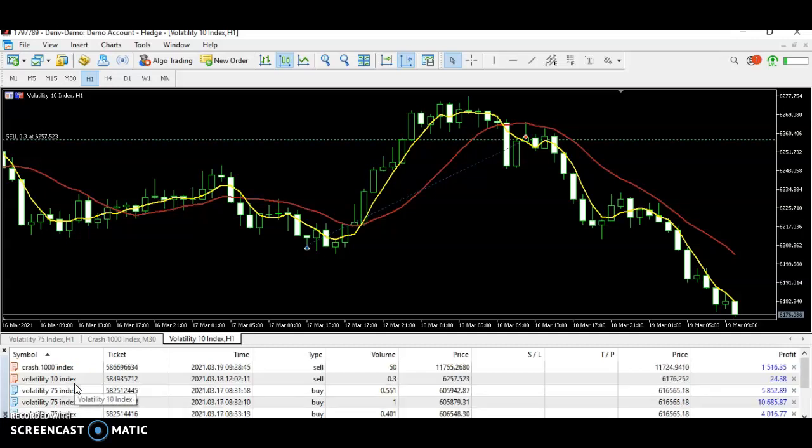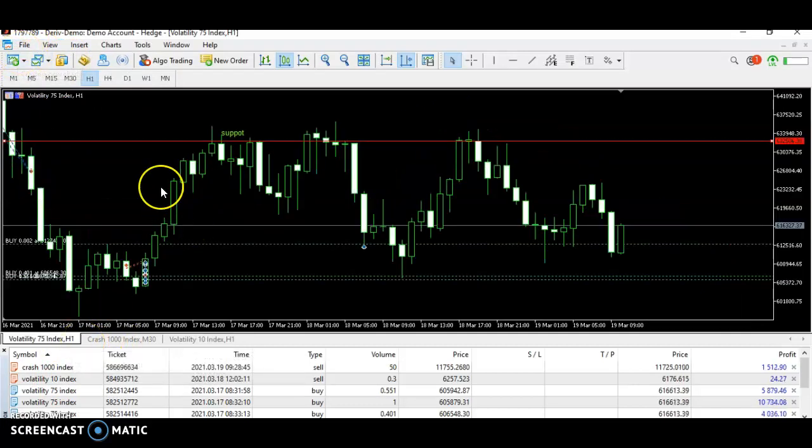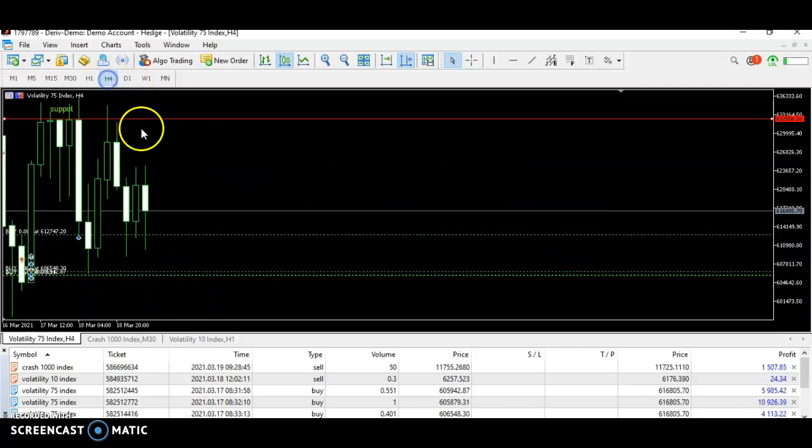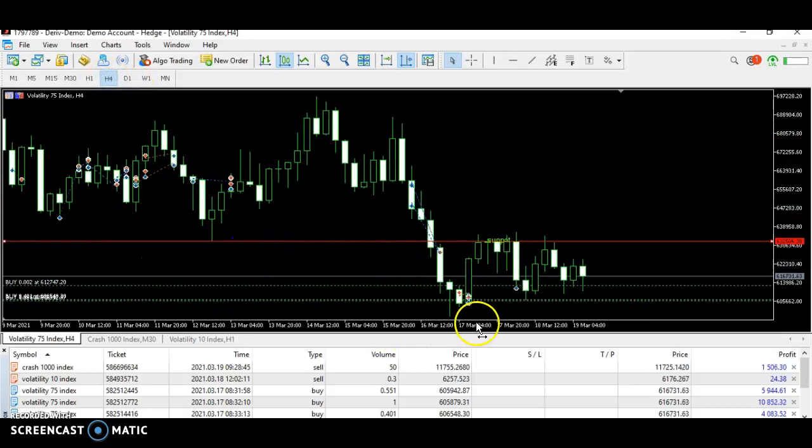So let me show you another volatility. You see the reason I placed buy from this position. The resistance here is strong on 4 hour. So when it fell back down here, I placed buy.